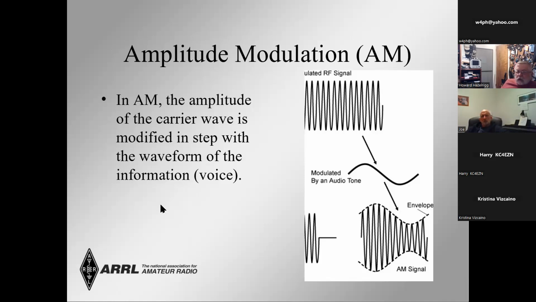AM is amplitude modulation. This is where they impress the audio on the wave. The amplitude of the wave is impressed upon the carrier wave in step with the sound of the information or the voice.